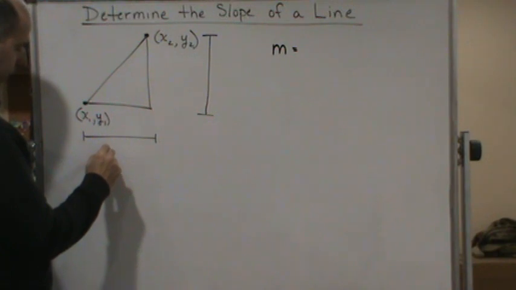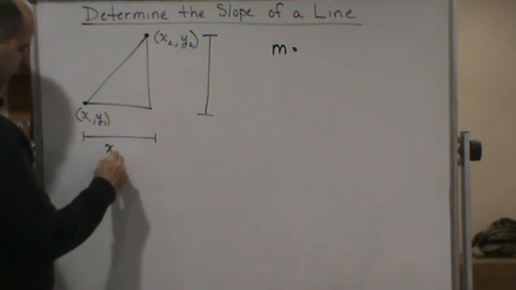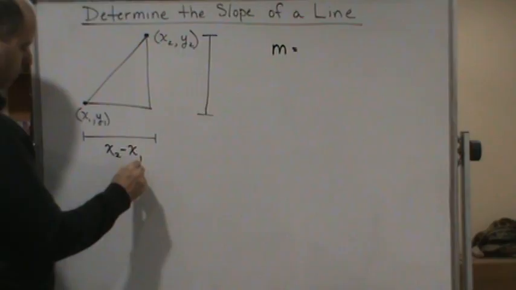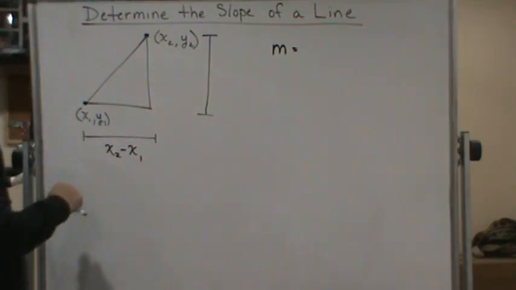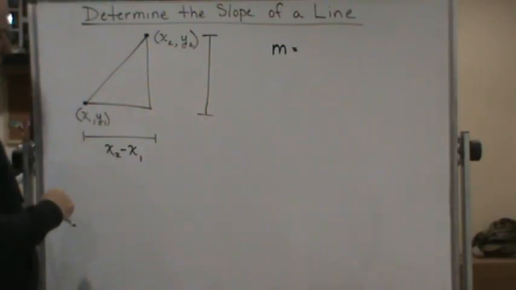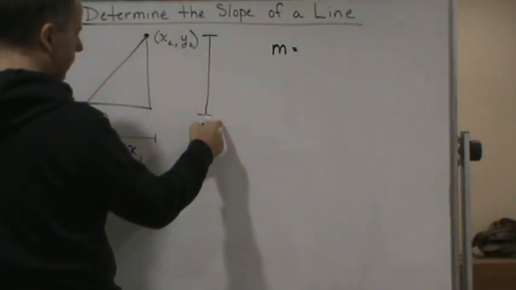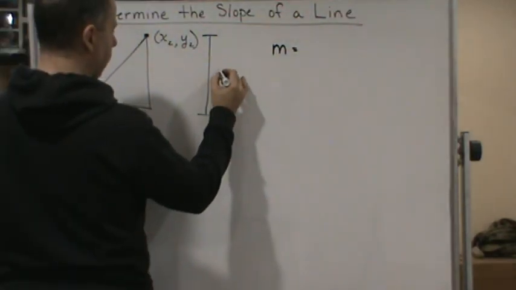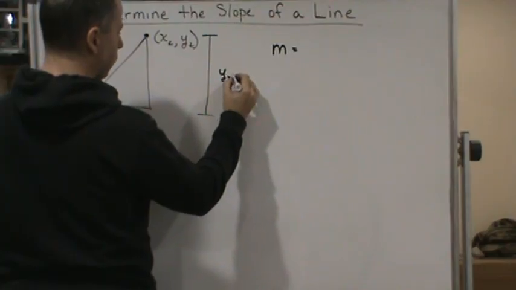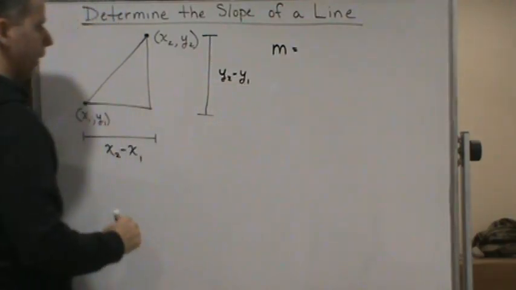That's going to be x2 minus x1, because we usually want to take max minus min. And then the vertical change is going to be y2 minus y1.